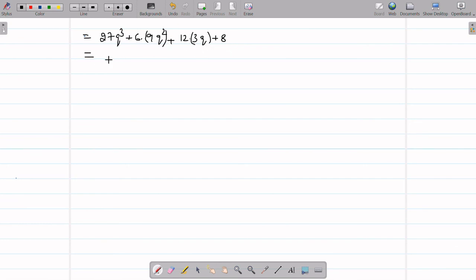From here, if I take 9 common for my required expression, I'll get 3q cube left here plus 6q square plus 4q and plus 8. So if I put now this thing as m, we will get ultimately 9m plus 8, which is the required expression.